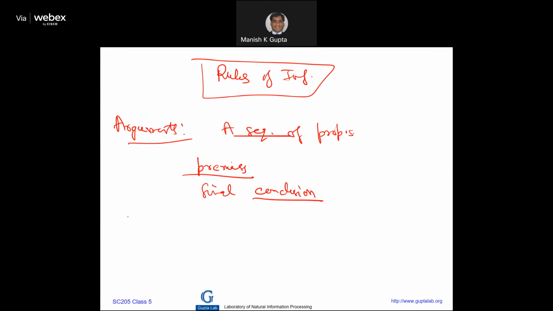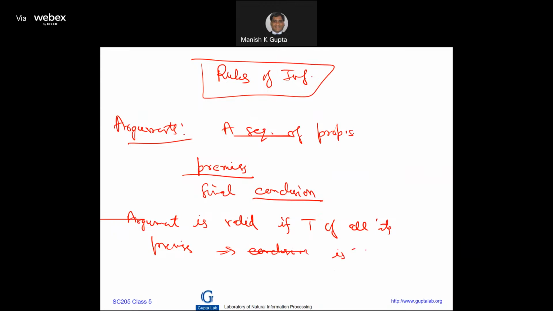And we say that an argument is valid if the truth of all its premises implies that the conclusion is true.